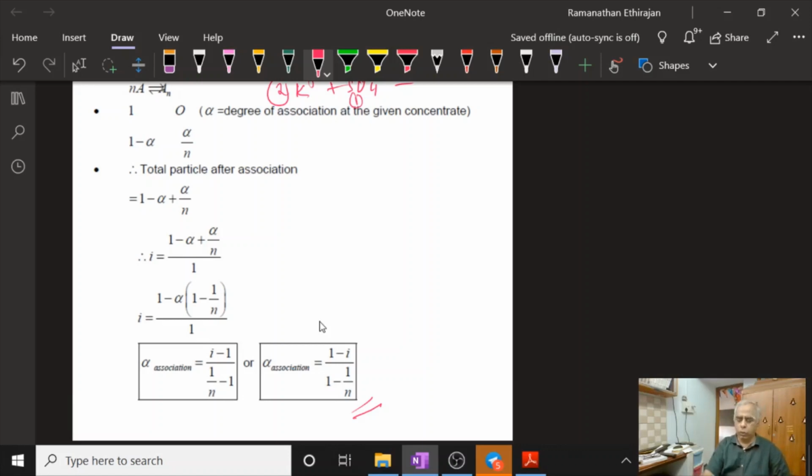Okay, so in colligative properties, we have discussed the variety of colligative properties. What are those colligative properties? Elevation of boiling point, depression of freezing point, osmotic pressure, and relative lowering of vapor pressure. And we started this topic with what?